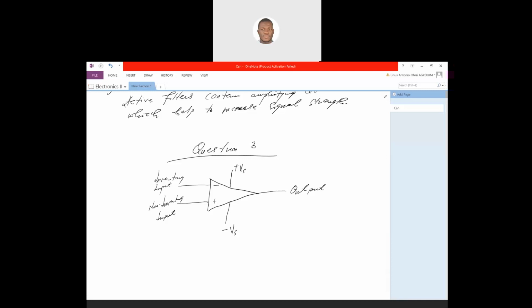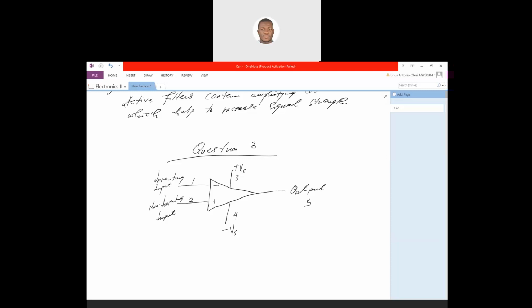So basically, operational amplifiers need a minimum of 5 connections, okay? And those 5 connections are the inputs, which is the inverting, the non-inverting, the positive voltage, the negative voltage, and then the output, okay? So that is what the connections for an operational amplifier look like.